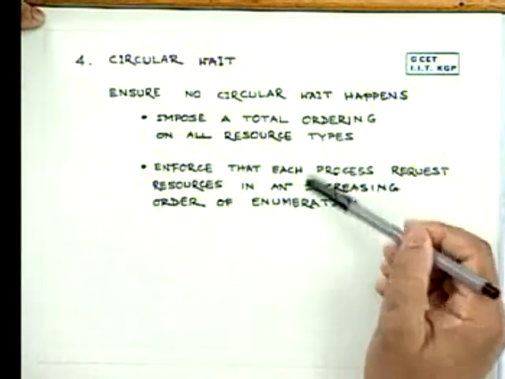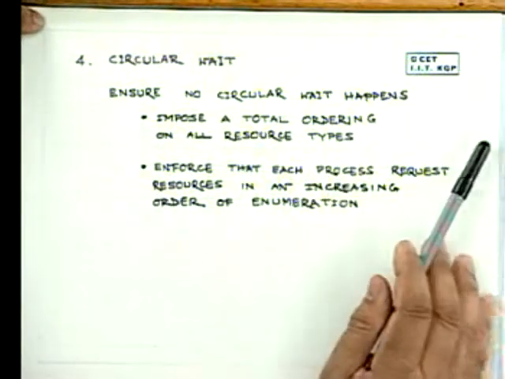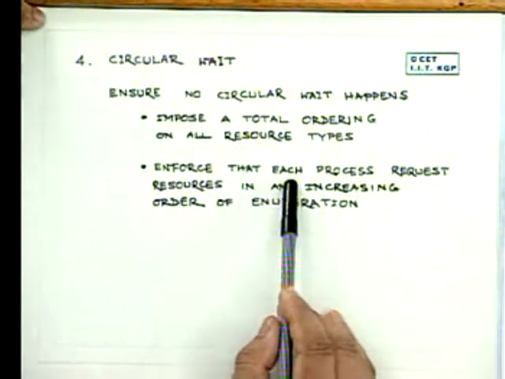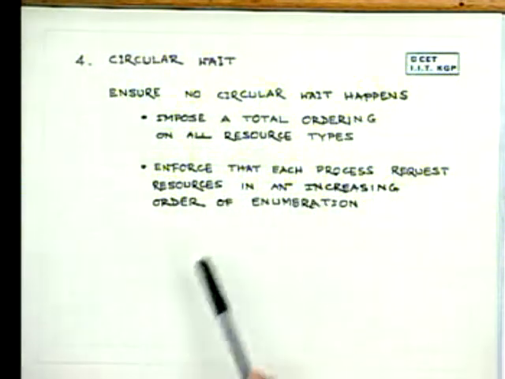Two things are involved. One is to impose a total ordering on all resource types, and the second is to enforce that each process requests resources in an increasing order of enumeration.